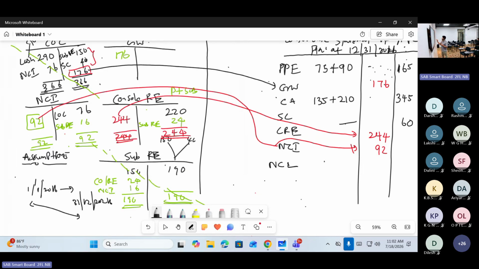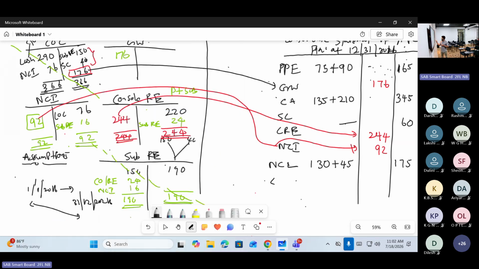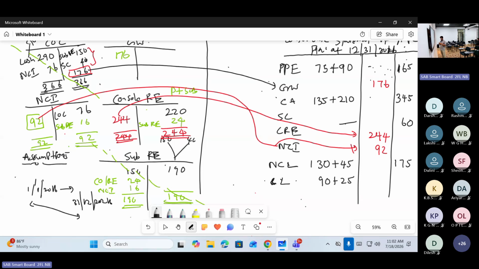130 plus 45, that is 175. Current liabilities, 90 plus 25, that is 115.